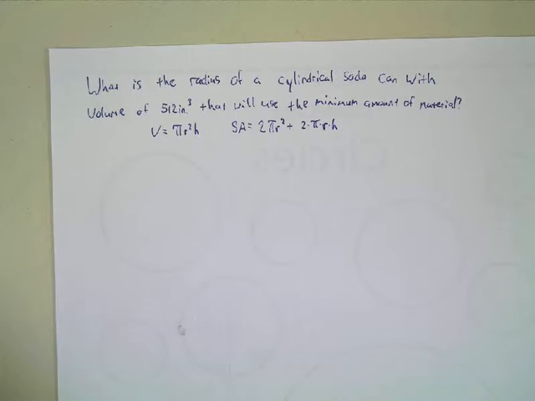H equals 512. V is 512. Oh, we only have 2 variables. I do have the answer for this one if you're wondering whether you got it right or not. Yes, 2 pi r h.